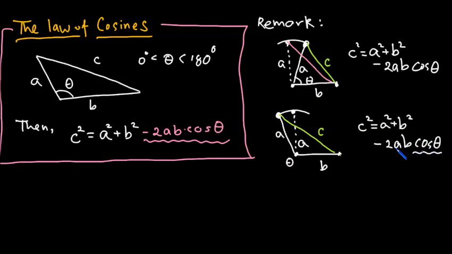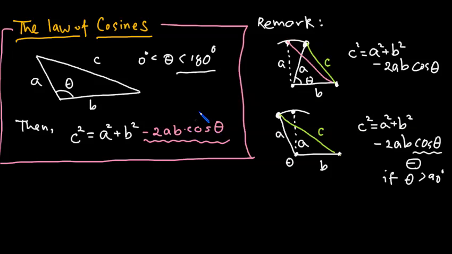It turns out that if theta is greater than 90 degrees, of course less than 180 degrees, that's what we started with, then the cosine is already negative. There is a negative sign out there, and together the effect of subtracting a negative number is actually adding a positive number, so that does the job. So in both cases, the negative 2AB remains the same.